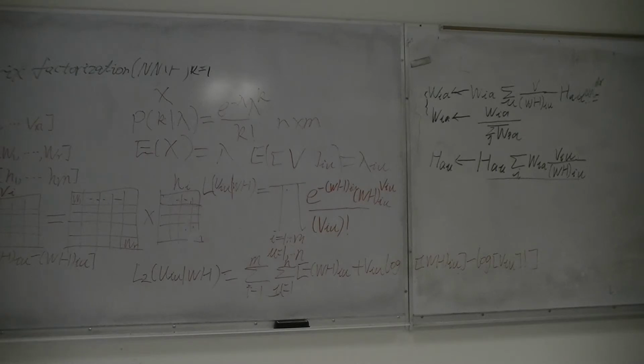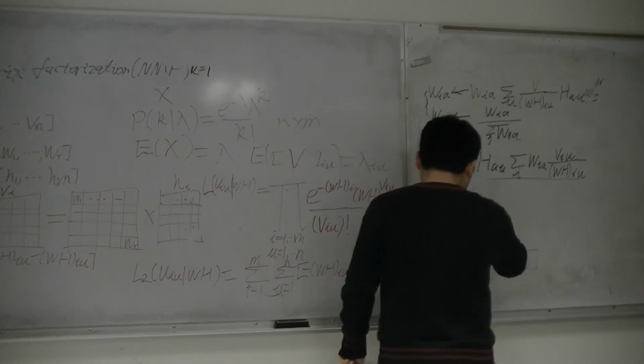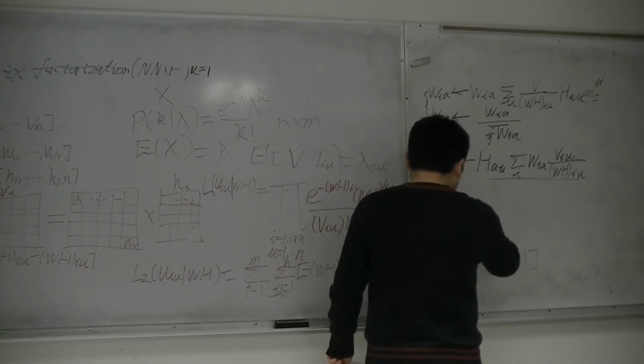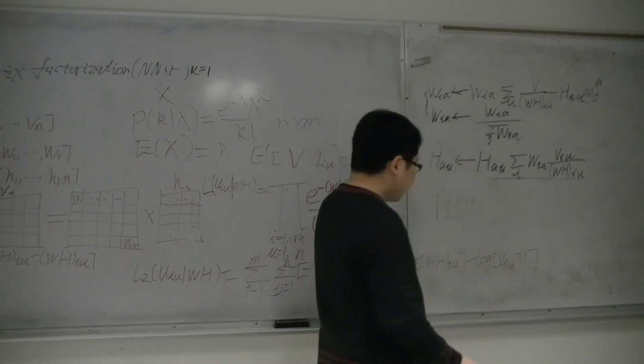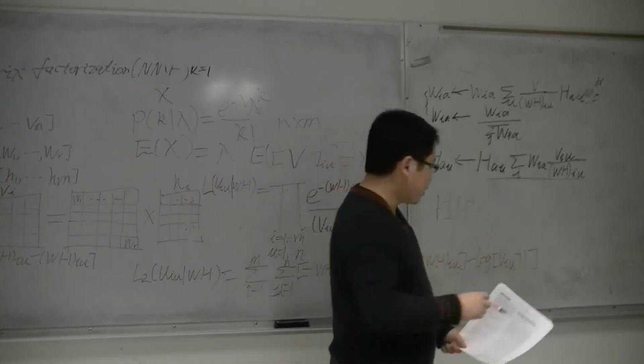I think the original notation is very confusing. His WH is actually the mean. He's trying to estimate the mean for each element of V. Every element satisfies a Poisson distribution.